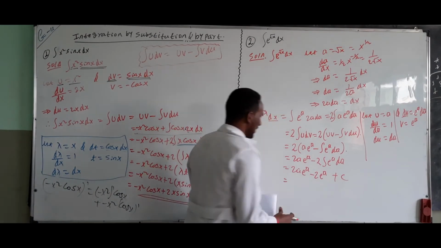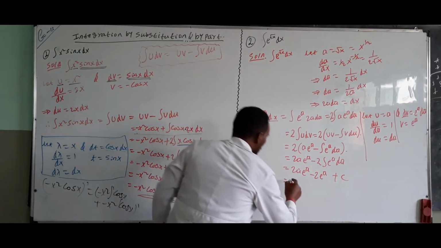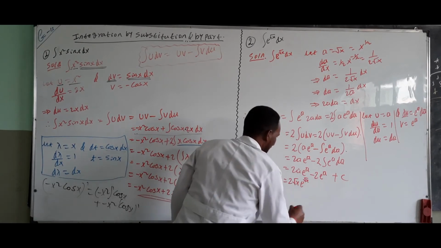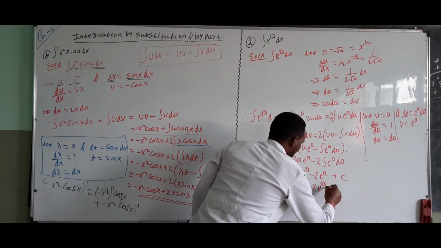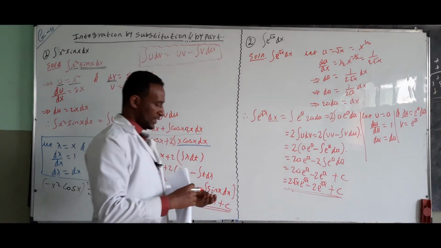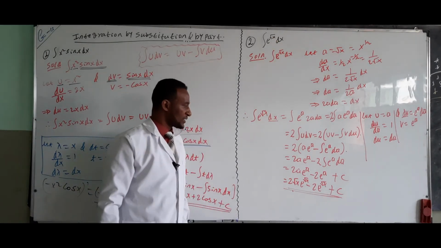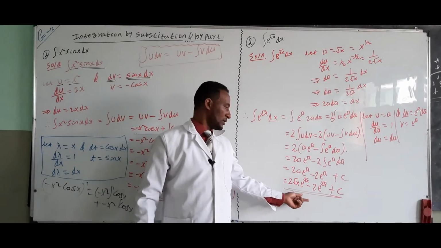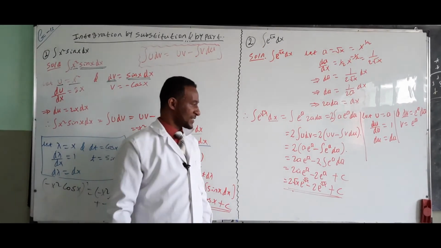Then when we substitute a is equal to radical x, therefore 2 radical x e the power of radical x minus 2 e the power of radical x plus some constant c is the integration of e the power of radical x dx. We can check by differentiating this function. We have to get e the power of radical x.